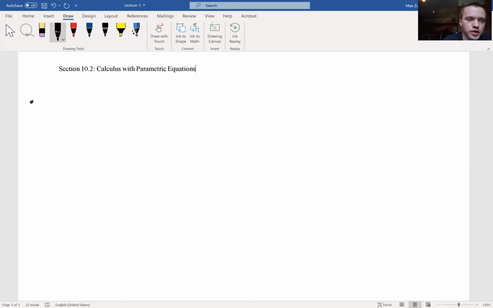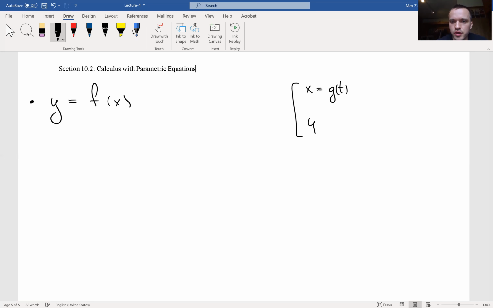So first, we have our Cartesian equation, y is equal to f of x, versus the parametric equations, x is equal to g of t, and y is equal to h of t, where t changes between a and b. The first concept is taking the derivative.